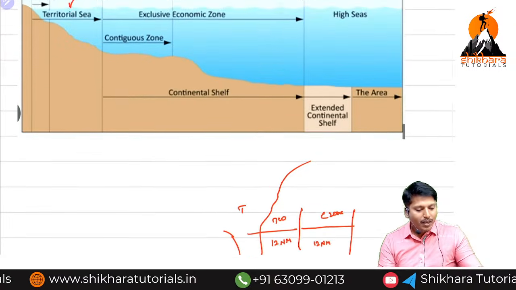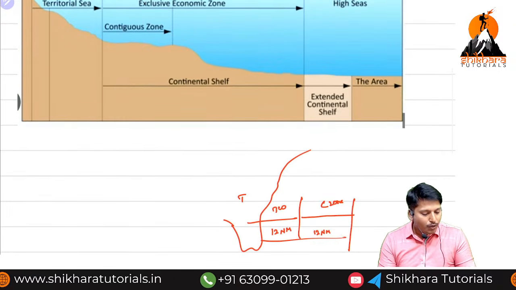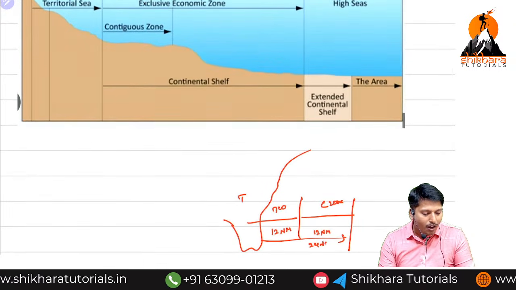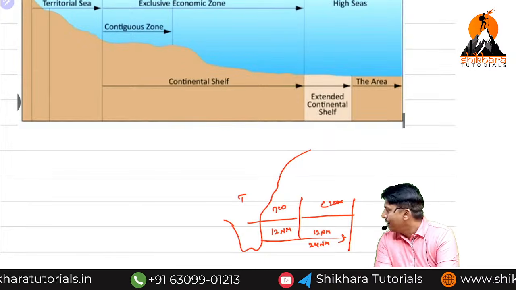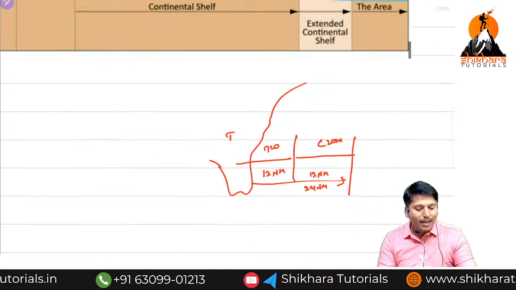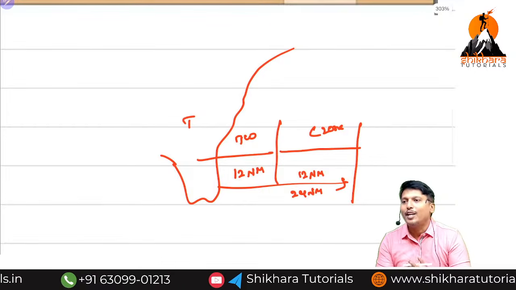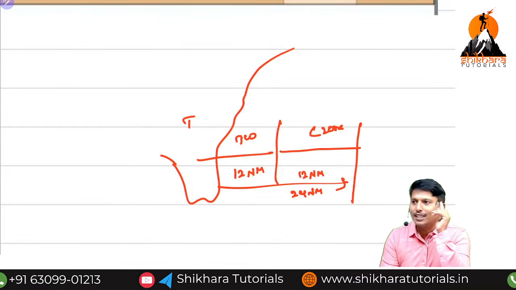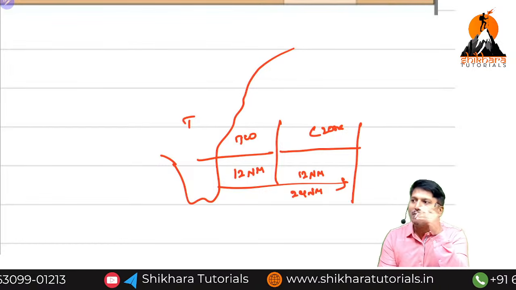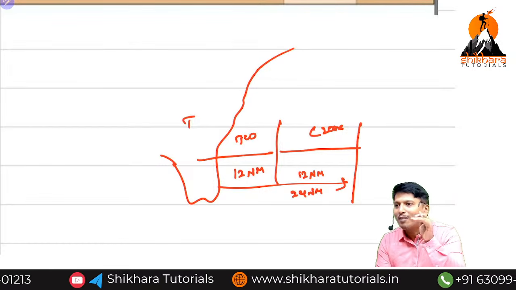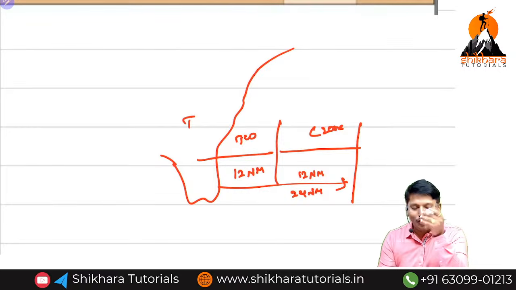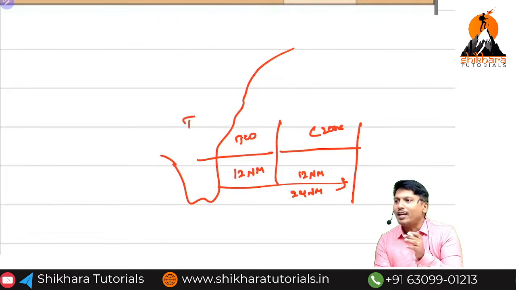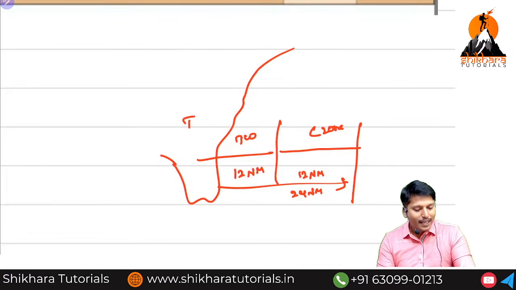From the land space, 12 nautical miles is the territorial waters. From the territorial waters, 12 nautical miles is the contiguous zone, which together is 24 nautical miles from baseline.